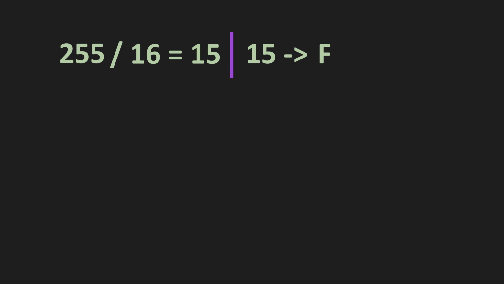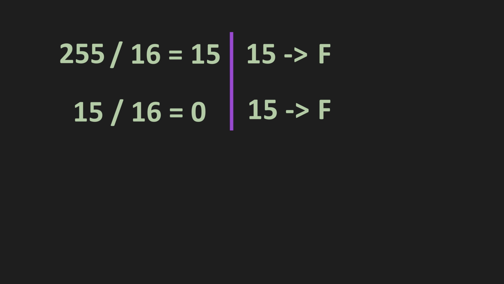Let's convert 255 to hexadecimal. 255 divided by 16 equals 15, remainder 15, which is F. 15 divided by 16 is 0, remainder 15, which is also F. Reading from bottom to top, 255 in decimal is FF in hexadecimal.